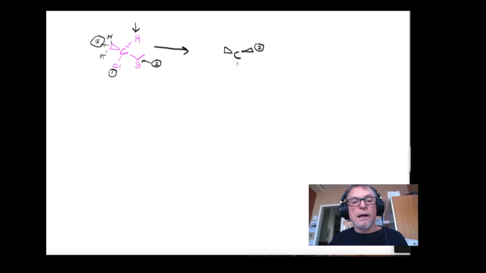And the Cl is going to come out of the board just a little bit, so that's group number 1. And this is group number 3. So then I just trace this out, and it's going counterclockwise. And since the lowest priority group is back by convention, this is the R configuration.